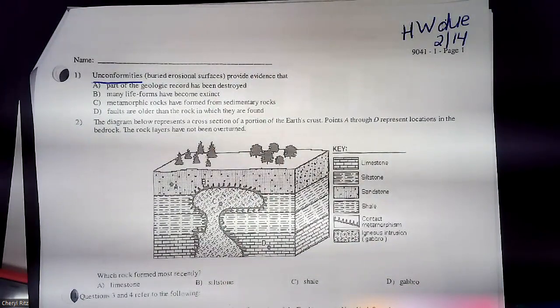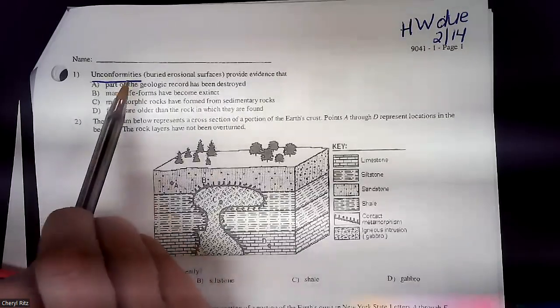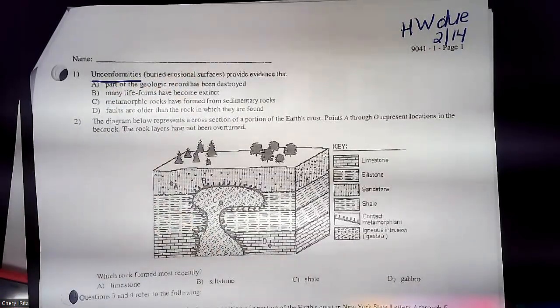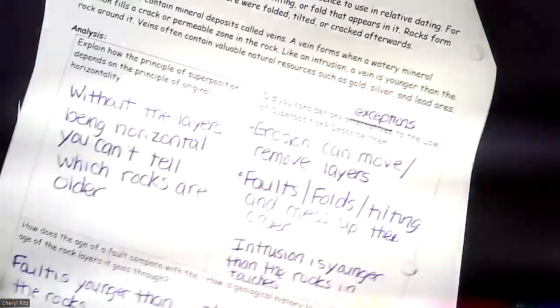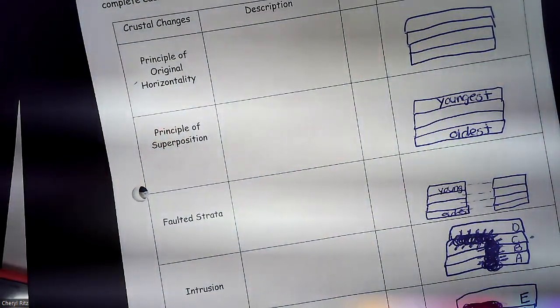It was in the reading that we did, but we never really got into details about it. So it does tell you an unconformity is a buried erosional surface. I would like to go back to page 15 and add that to our pictures and descriptions here. I really think maybe it just got cut off. I think it was supposed to be here in the first place.